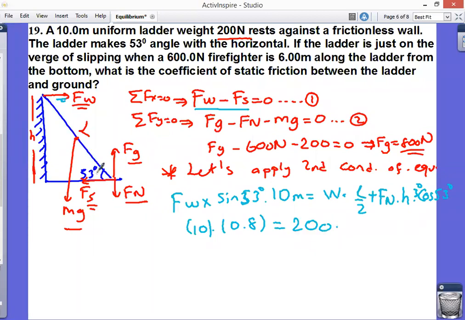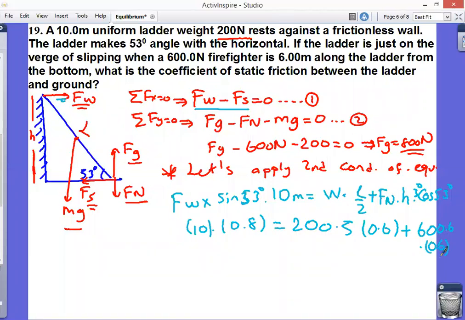The L is 10 meters, given to you, so L over 2 means 5, right? Times our cos 53, 0.6, plus 600 times 6 times 0.6, okay?